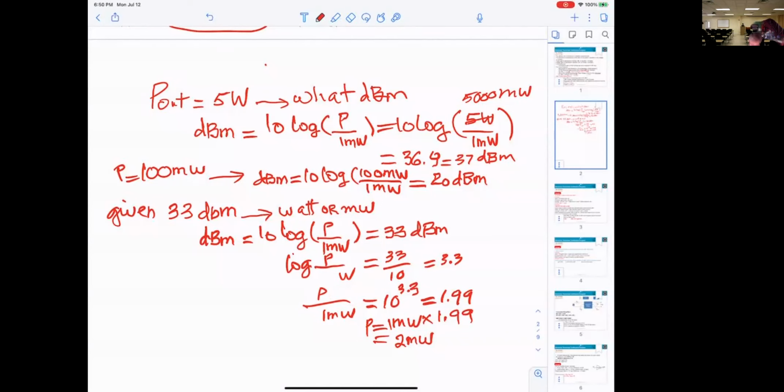So this is what that means. P equal 1 milliwatt times 1.99. So you get 2 milliwatt. How can you get a watt?